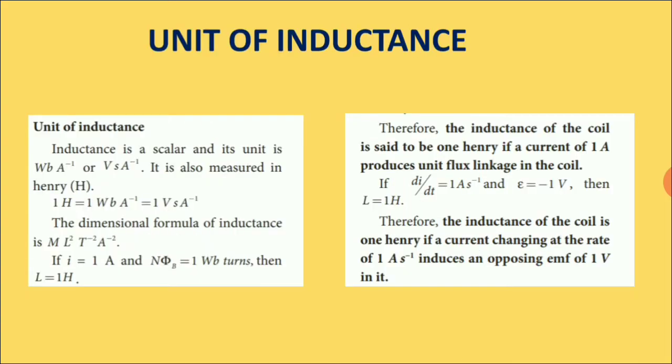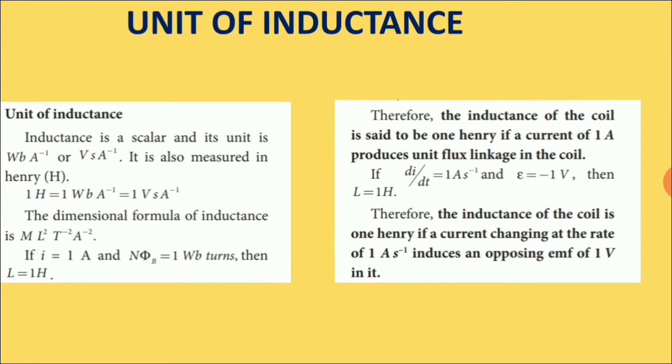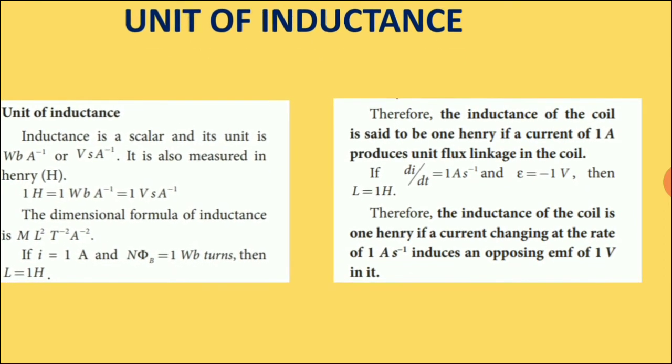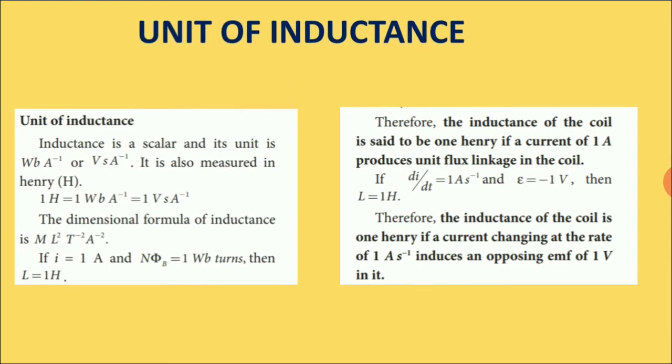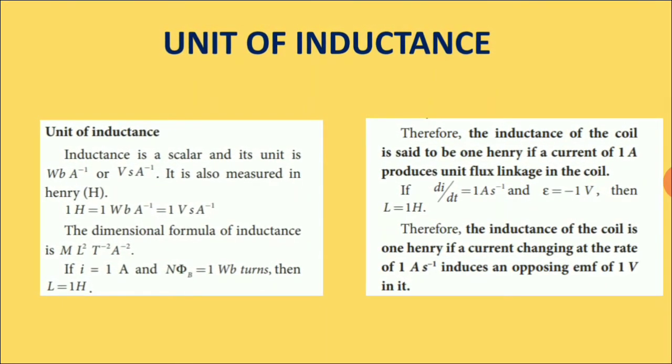Unit of inductance. Inductance is a scalar and its unit is weber ampere power minus 1, or volt second ampere power minus 1. It is also measured in henry. 1 henry is equal to 1 weber ampere power minus 1, which is equal to volt second ampere power minus 1.